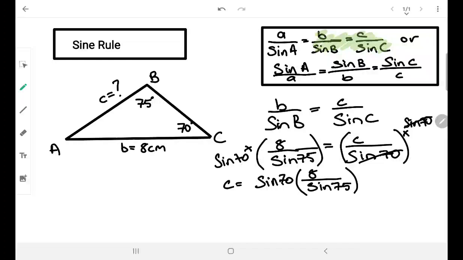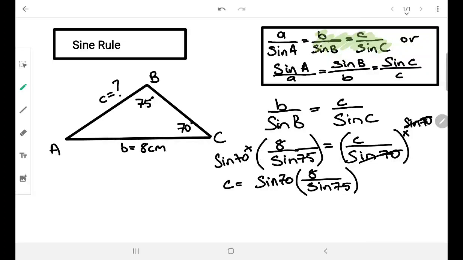A good reason to put it in brackets is because sometimes when you put this in the calculator straight out, the calculator might think you're doing something else. So I usually put my equations that are on their own in a bracket, so the calculator knows what it's doing. I've found that some students, depending on the calculator you use, can get a different answer just because the calculator might think you're doing something differently.